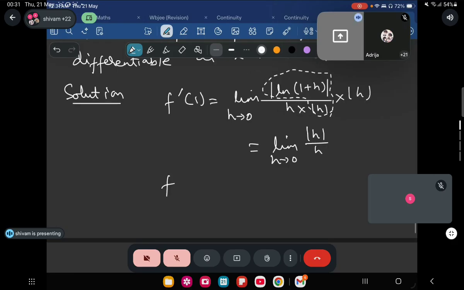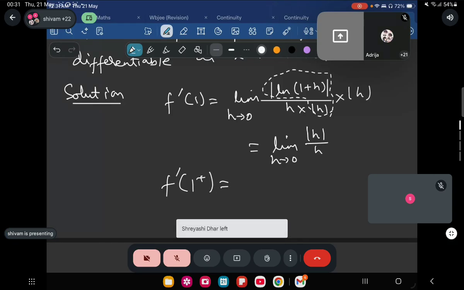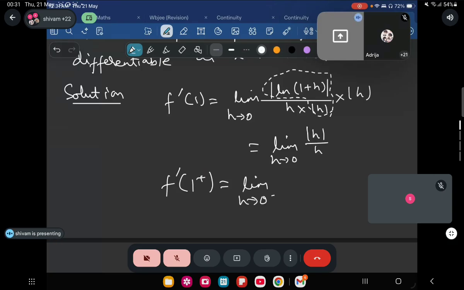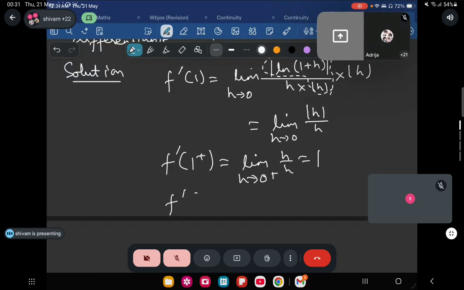Let us calculate what is f dash at 1 plus. F dash at 1 plus will be equal to limit h tends to 0 plus. Now when h is 0 plus, h by h will be 1. F dash at 1 minus will be equal to limit h tends to 0 minus h by h, which is equal to minus 1.